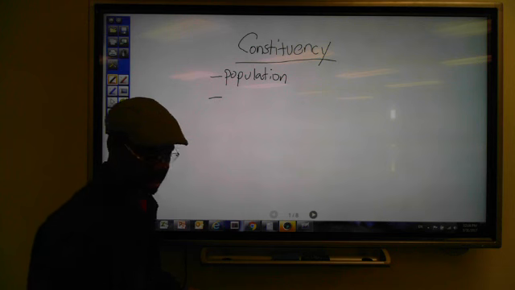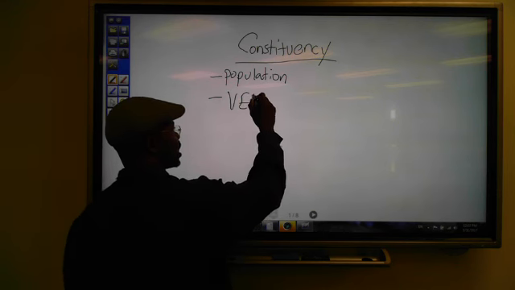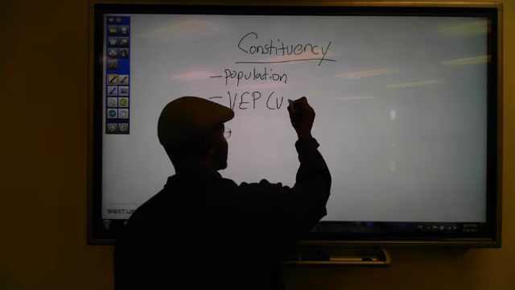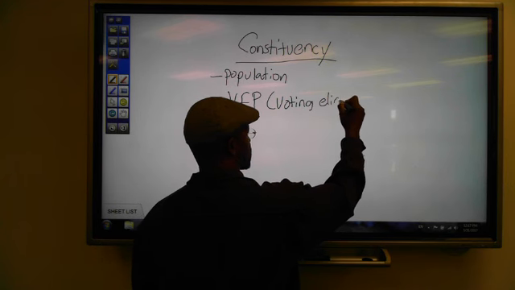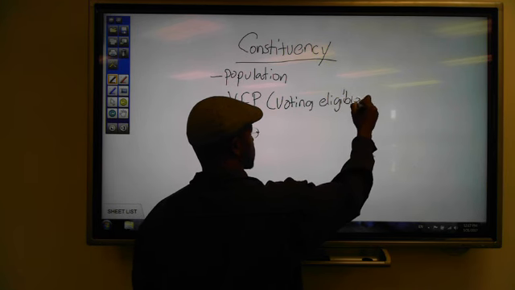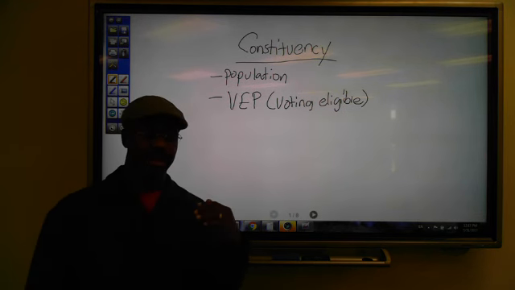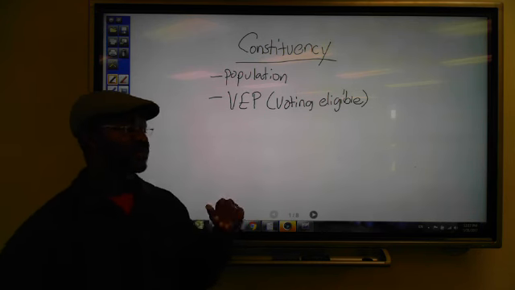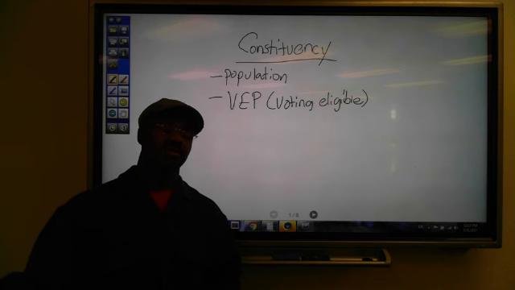But then you could take that another level down, and we call this VEP, or voting eligible population. All right, that stands for voting eligible. You could also break that down into voting age, but voting eligible recognizes that even if someone is of age, 18 and over, they still may be ineligible because of immigration status.